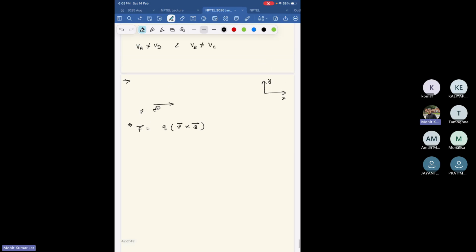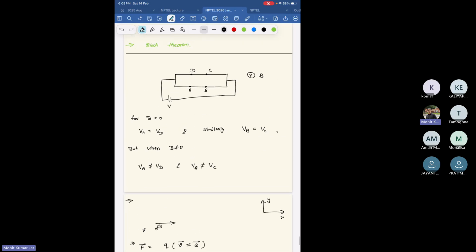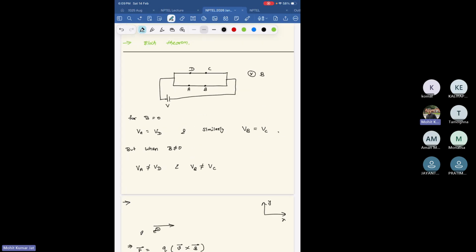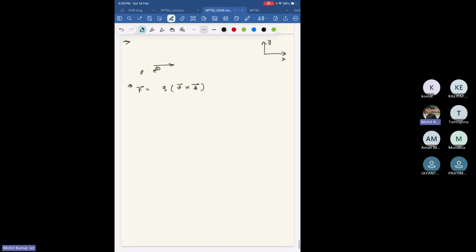Okay. So in this scenario, when your positive potential is applied here, negative here, the electron will move in this direction, right? From negative to positive. So your v is essentially minus Vx cap. Let's say your B is perpendicular, Bz cap, and your charge is the electronic charge minus e.